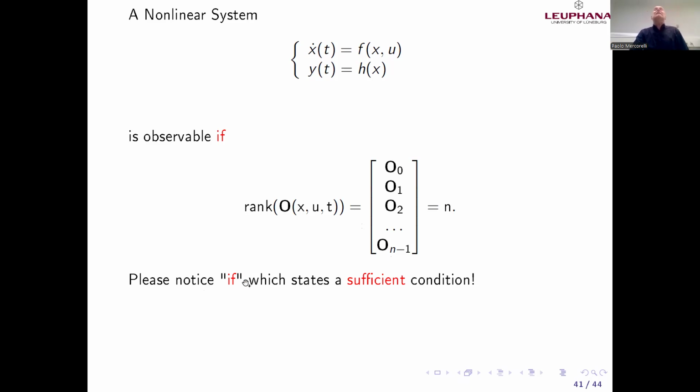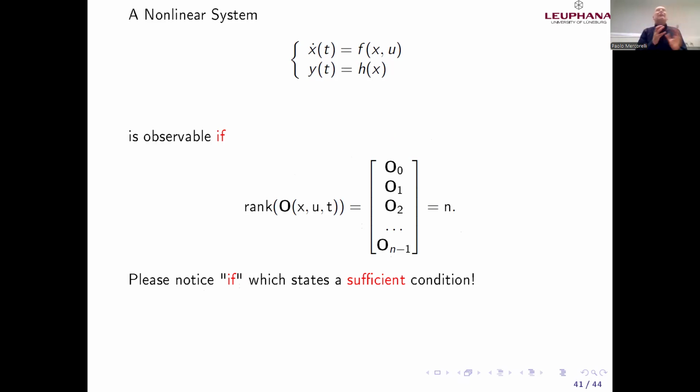The nonlinearity loses the necessary condition. This means if this condition is satisfied, it isn't a theorem here. I put just information, but if you look in some literature, it isn't a theorem. If the condition is satisfied, yeah, we can say something. We can say it is observable.